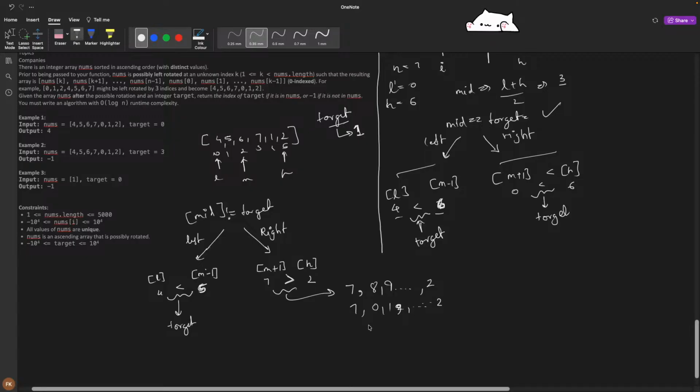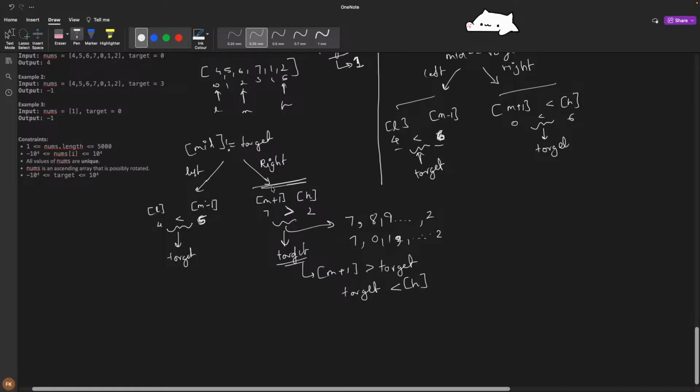It could be like this. Now here, if my target falls in this criteria, the mid plus 1 element would be less than my target, and my target would be less than the high value, right?